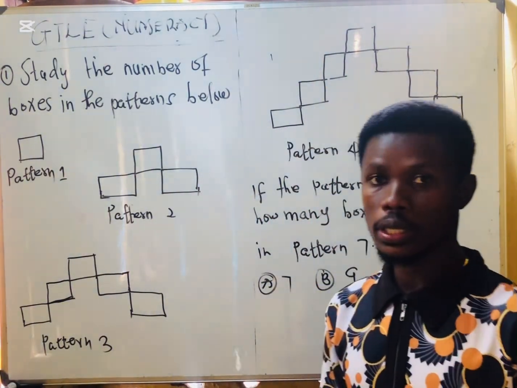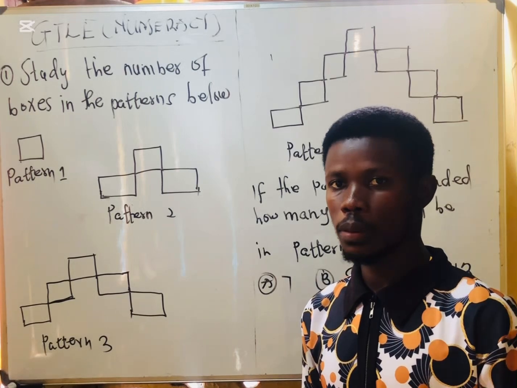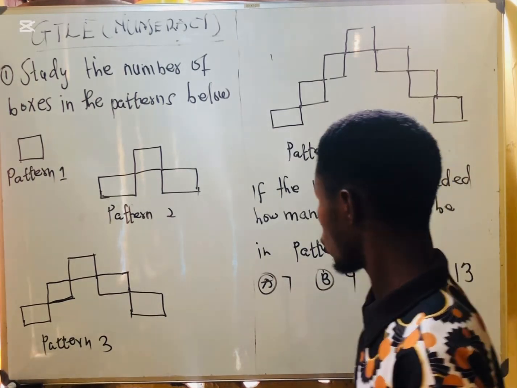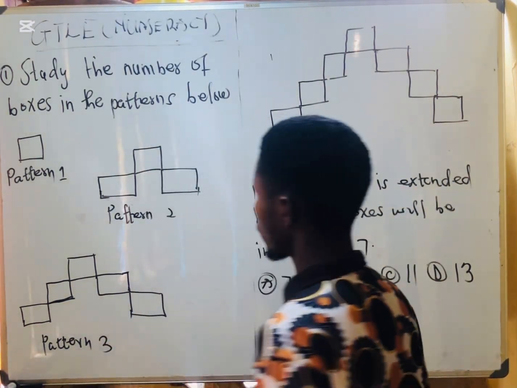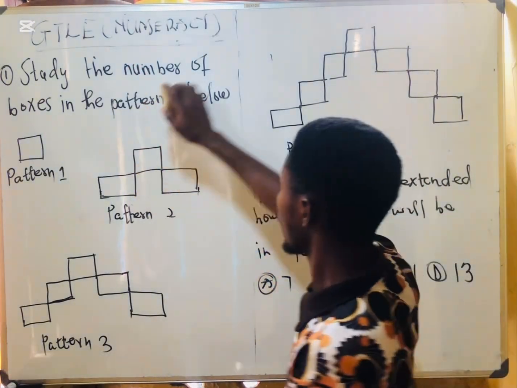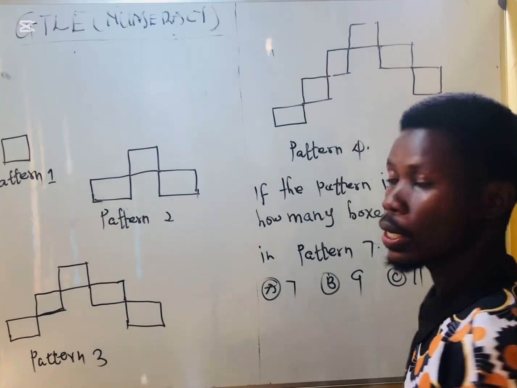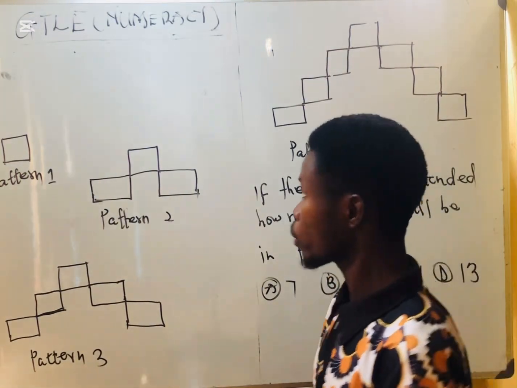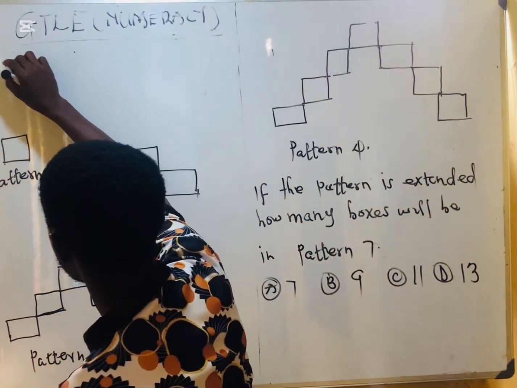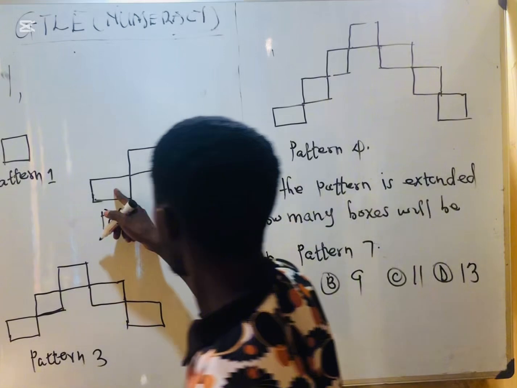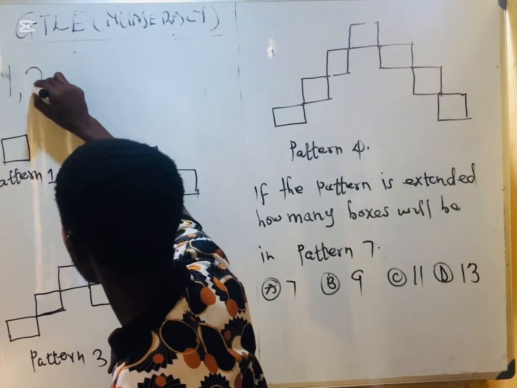The first thing, let's try to write the patterns in numbers. So let's write down the patterns. The first one, we have 1. Then 1, 2, 3, 3 boxes.